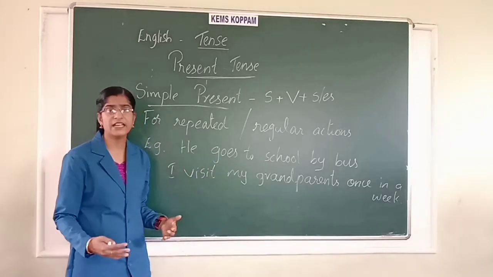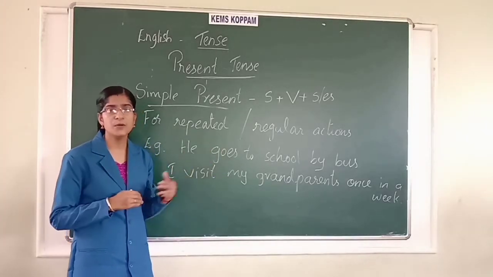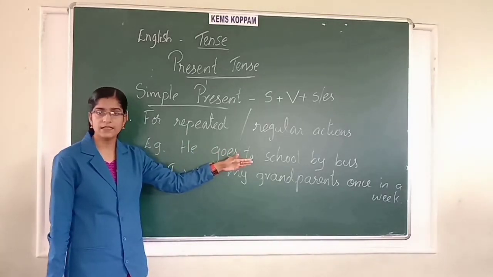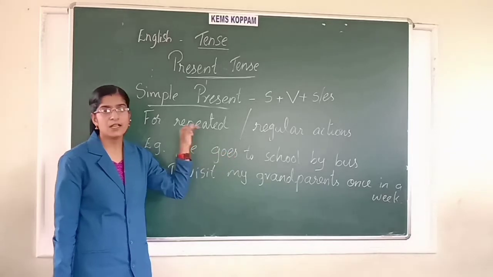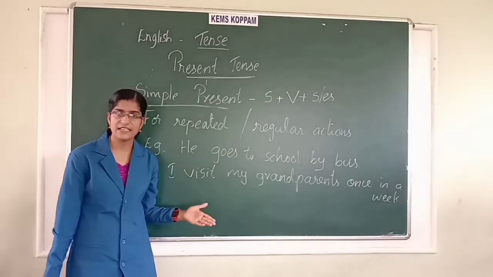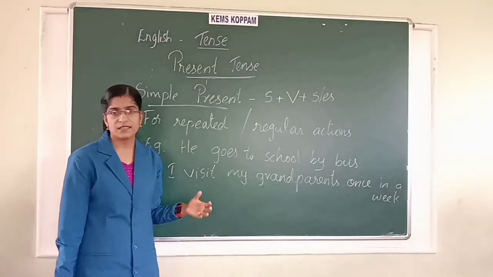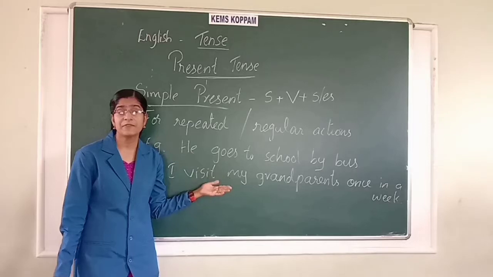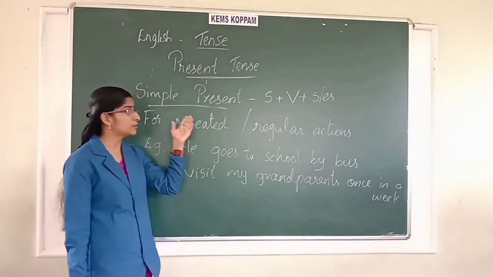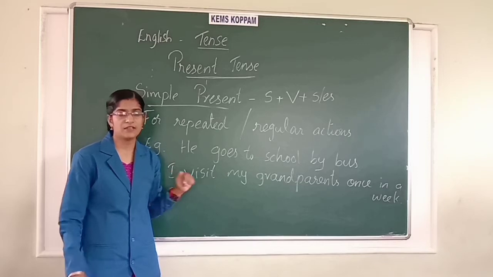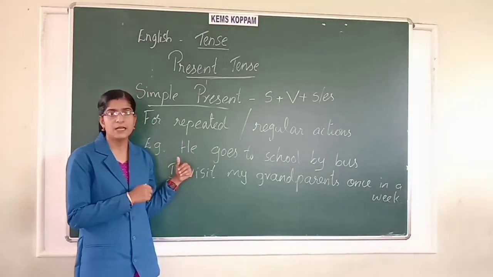So every year once he goes to the place Ooty. Clear? So daily, always, regularly, once in a week, every Sunday, every month, once in a year. All these are the time phrases that you can use with simple present tense. Okay, how can we identify it as a simple present sentence?